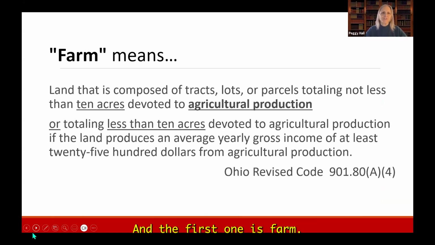And the first one is farm. Note that the activity must take place on a farm. What's a farm? Well, the law defines that.